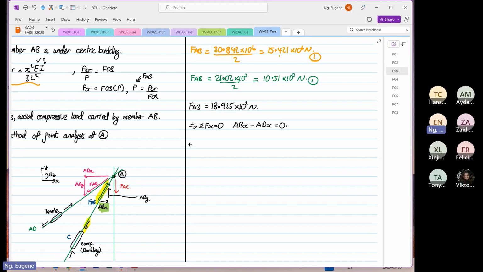And then when we do the summation of forces in the y direction equal to 0, we can say that ABY minus ADY minus FAC has to be equal to 0. So we have equation 1 and equation 2. Okay. So our main aim from here is to determine or find our FAC. Okay, that is our objective.